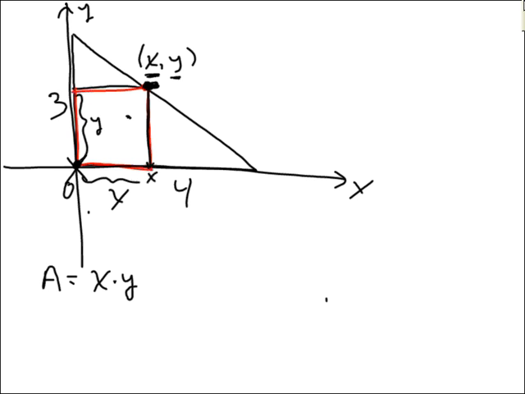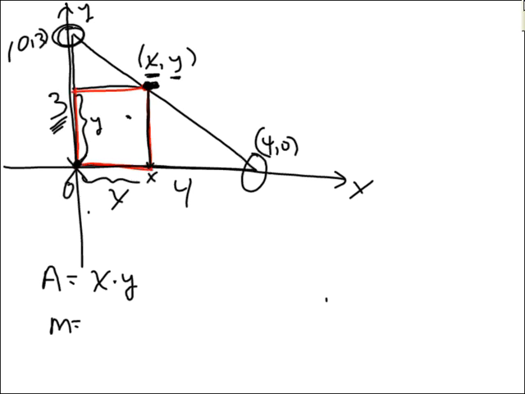Well, we know one point on the line. This point right here is (4, 0). And we know this point on the line is (0, 3), because they told me that the height of the side of that triangle was 3. Okay. So we find the slope.